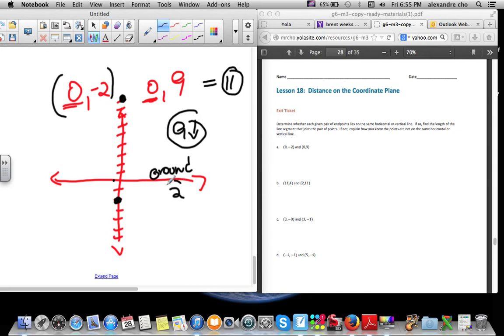How many floors in total? 9 and 2, 11. So you're really adding the distance between this point and the x-axis and the distance between this point and the axis. This is 2 spaces away, this is 9 spaces away, and 9 and 2 is 11. Okay, they share the same vertical line. They're both here on the vertical line.